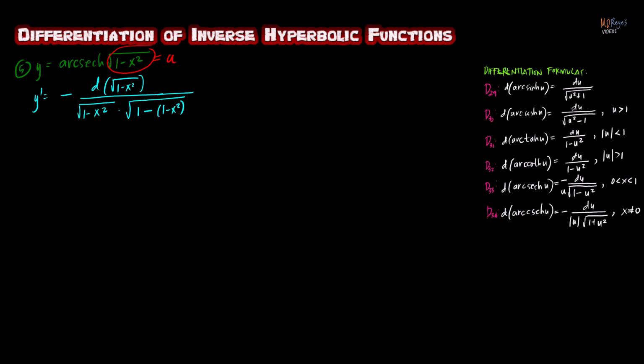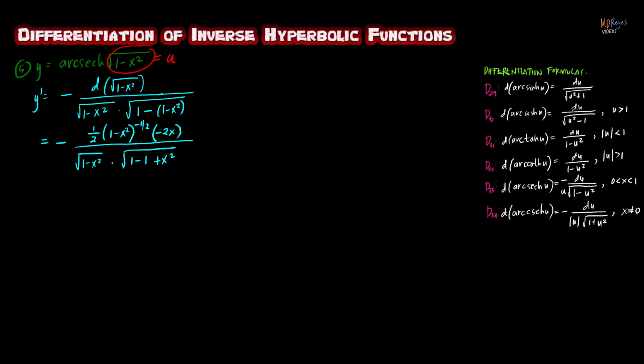Take the derivative of the numerator using the generalized power rule, and simplify the denominator. We get negative of the derivative in the numerator, which is 1/2 of 1 minus x squared raised to negative 1/2 times the derivative of 1 minus x squared, which is negative 2x, over the square root of 1 minus x squared times the square root of 1 minus 1 plus x squared.